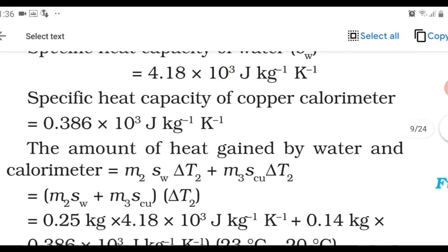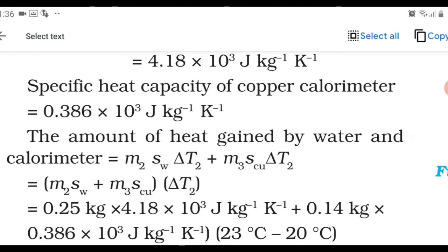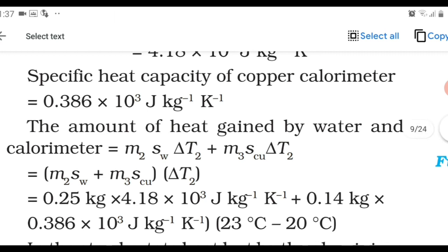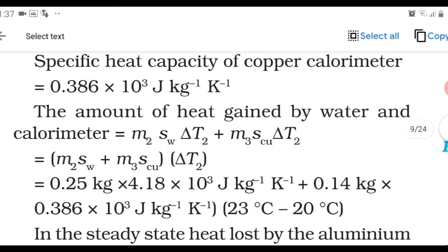So knowing all these things, we can write the expression for heat gained by water and calorimeter. Together they gain this heat from the hot aluminium sphere. So we have the heat gained by the water and calorimeter as m2 S_W delta T2 plus m3 S_Cu delta T2. Here S_W stands for the specific heat capacity of water and S_Cu stands for the specific heat capacity of copper.